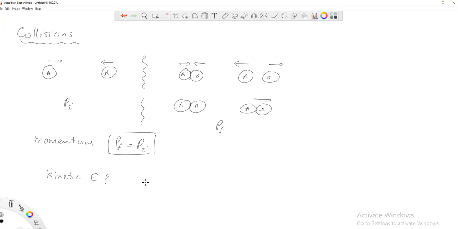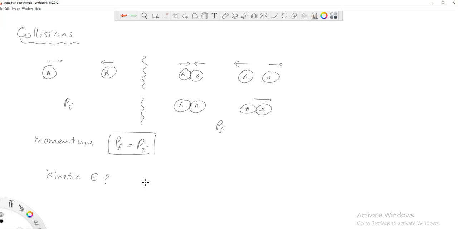Or even if things are moving in different directions, like up or down, at the moment of collision, just before and just after, they're pretty much at the same spot. So we don't really have to worry about the potential energy part. The question is, what is happening with the kinetic energy? Do we have kinetic energy conservation?